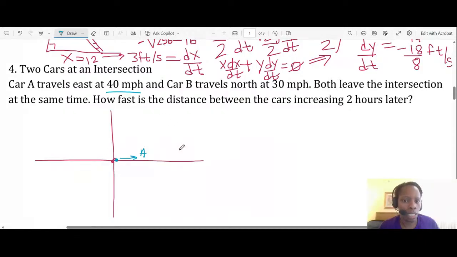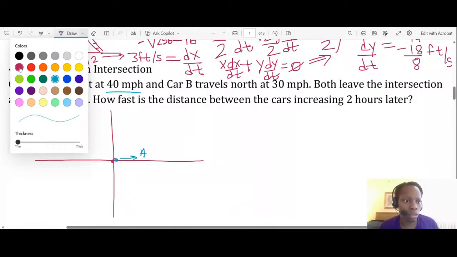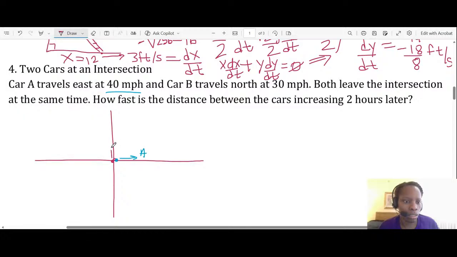Car B is going north at 30 miles per hour. Both of them leave the intersection at the same time. So we know where that time is changing. How fast is the distance between the cars increasing?